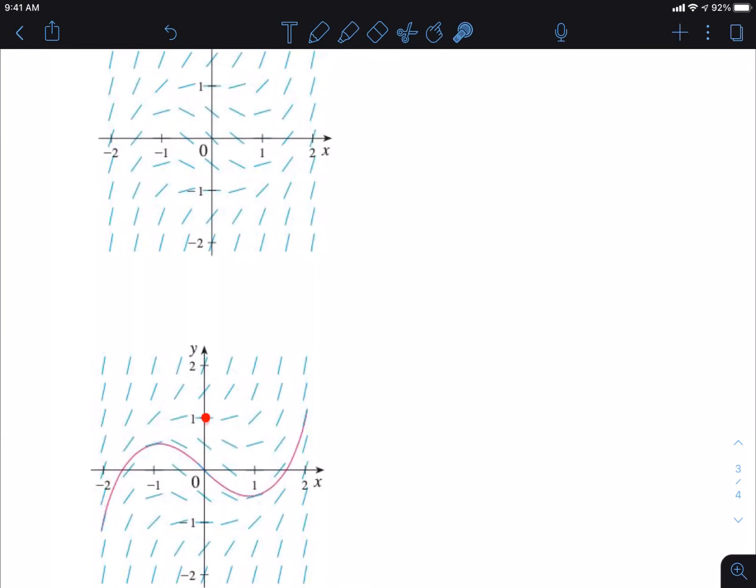At the point 0, 1, all of a sudden our curve, instead of being like a max and a min possibility, almost looks like a cubic. Do you see that? So slope fields impact what the potential solution can be.